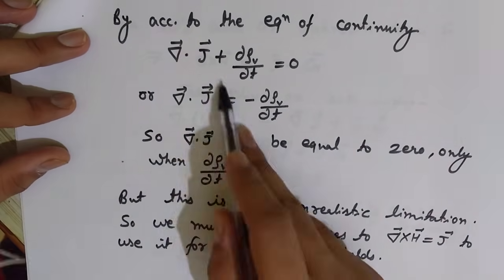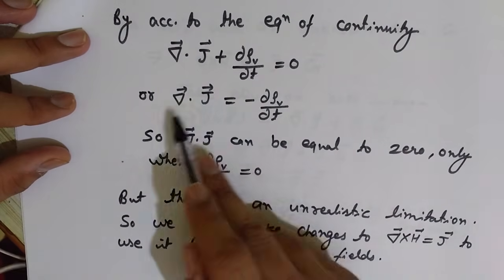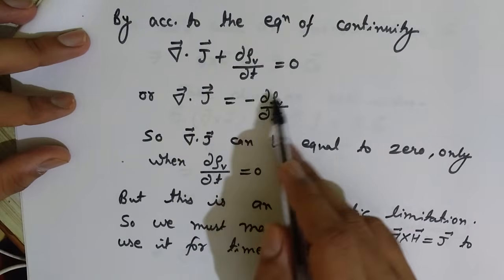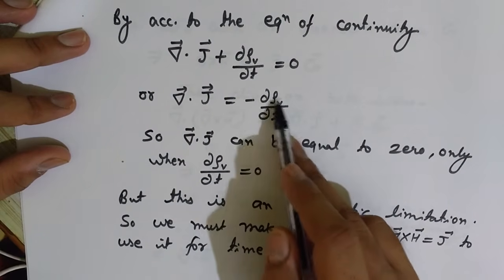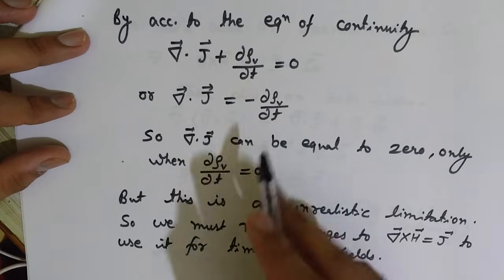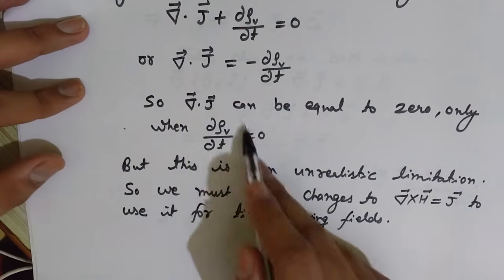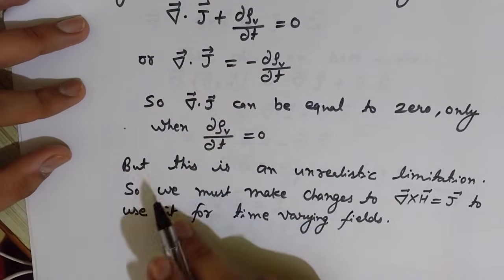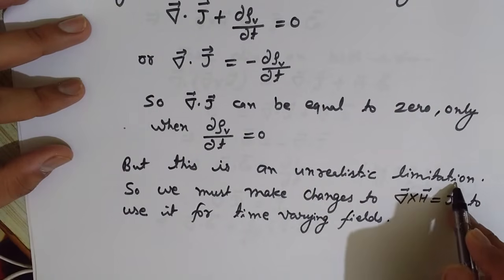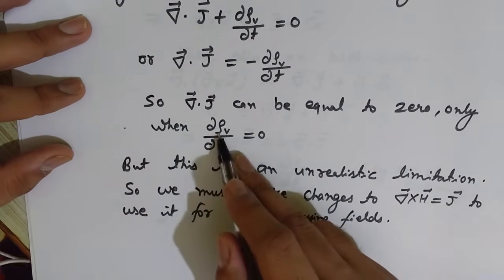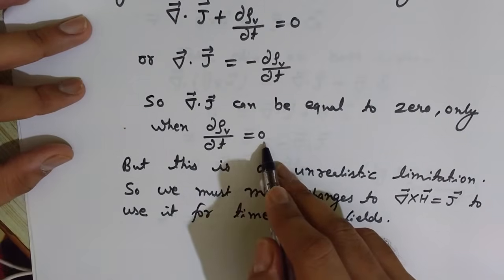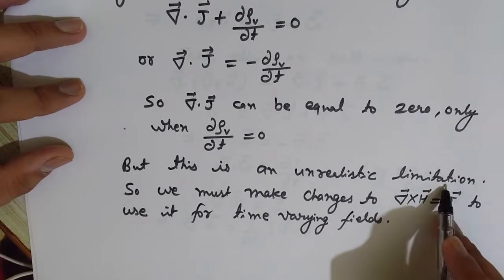But we have seen that divergence of J equals 0 in the previous expressions. So it means that del rho v by del t should be equal to 0. But del rho v by del t being equal to 0 is an unrealistic limitation.